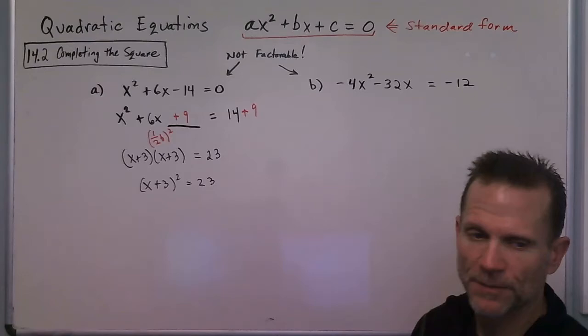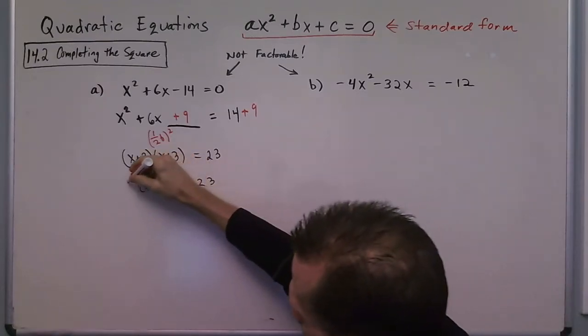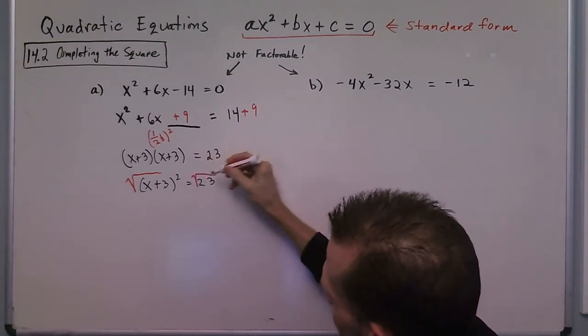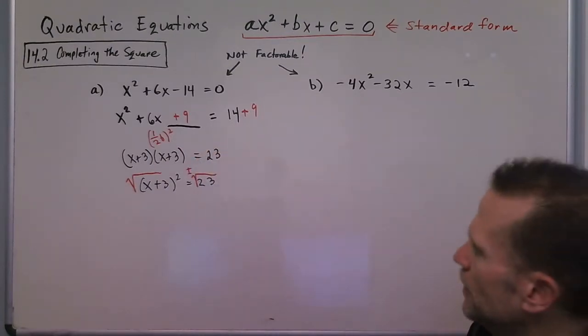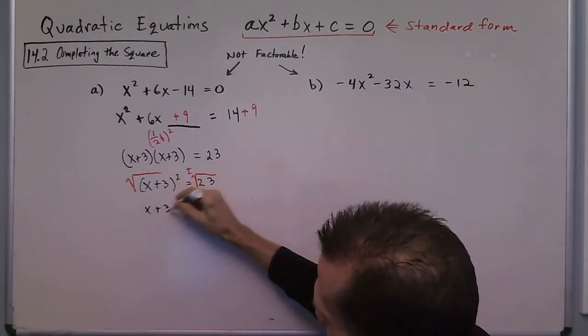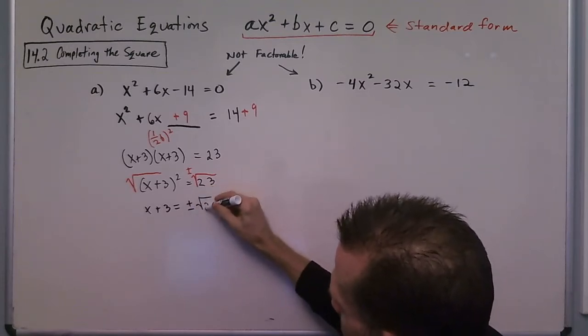And now we learned a process in 14.1, the square root method. We can square root this side and square root this side, but remember we have to put the plus or minus. So we have x plus 3 equals plus or minus the square root of 23.